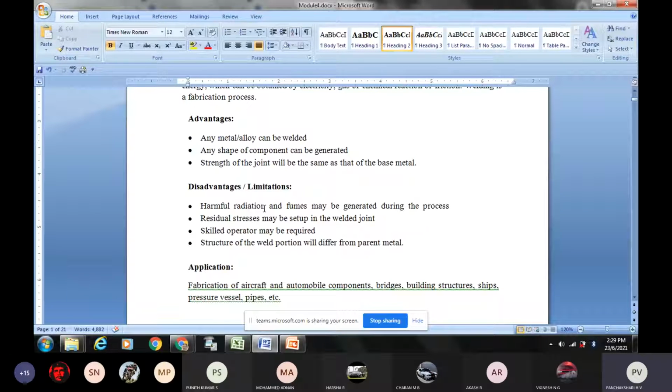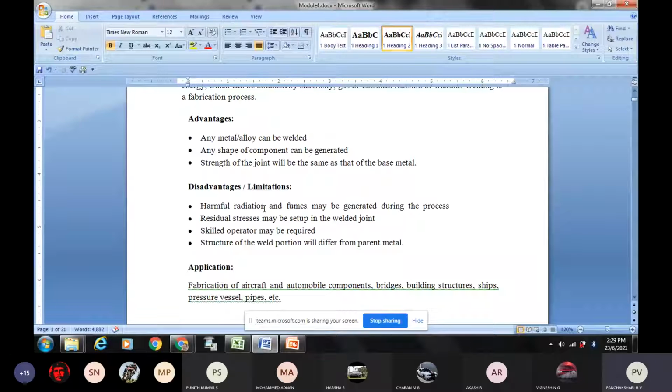We heat up to 727 degrees centigrade, or below that, 500 or 600 degrees centigrade, and then slowly cool the material so that it relieves the internal stress or residual stress imparted into the steel during welding. That residual stress is the major problem in welding.